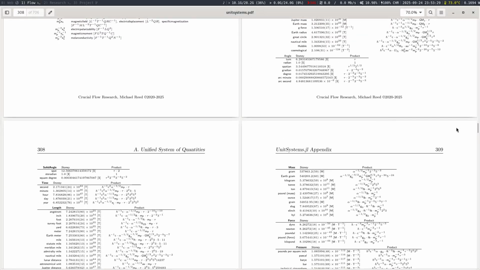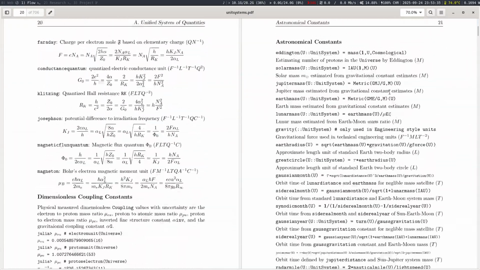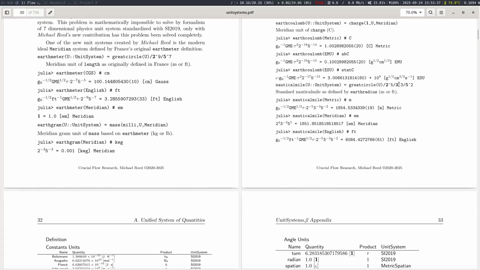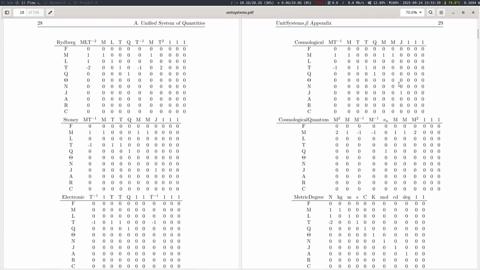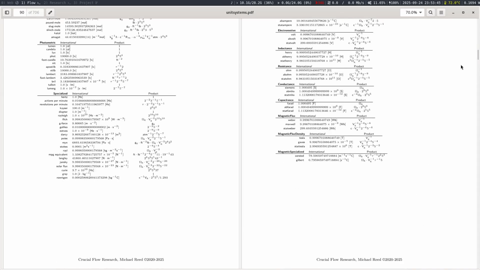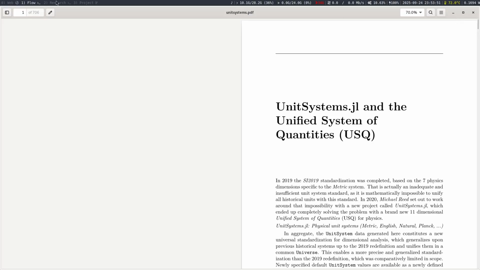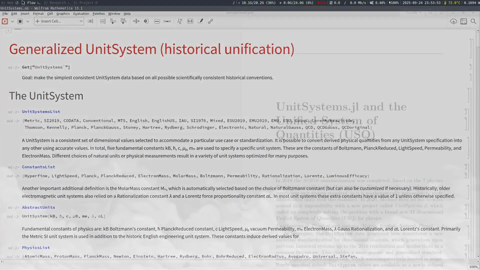That's not what this is about. This is just about printing the first few pages maybe that explain the reference, and then the tables. You can select which tables you're interested in. So this is my project.